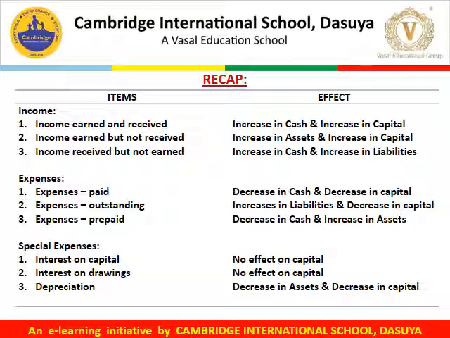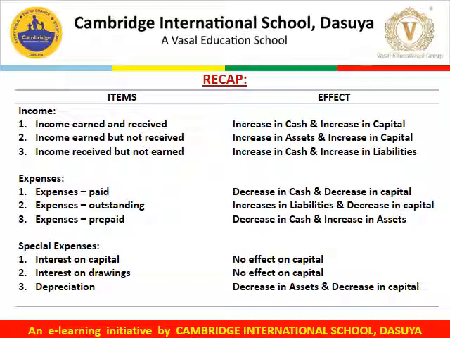Next is expenses prepaid. Expenses when paid in advance are called expenses prepaid. Since cash is paid, it will reduce the cash. But the benefit is to flow in the near future, so it is treated as an asset also. So the effect would be decrease in cash and increase in asset.